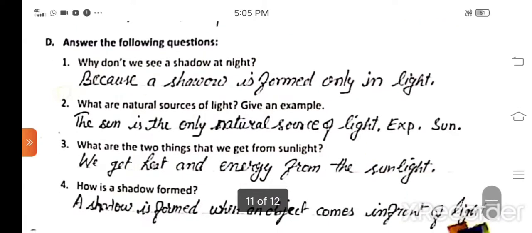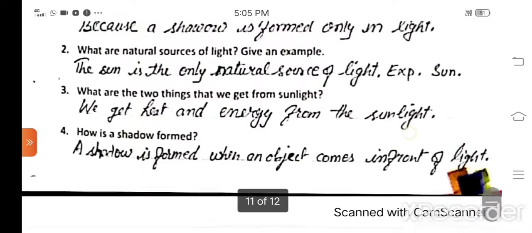Now question answers. Why don't we see a shadow at night? The answer is because a shadow is formed only in light. What are natural sources of light? Give an example. The sun is the only natural source of light. So the example is sun. What are the two things that we get from sunlight? We get heat and energy from the sunlight.